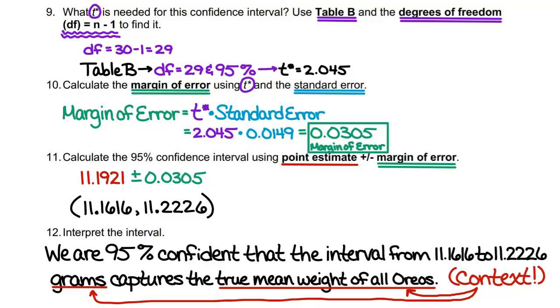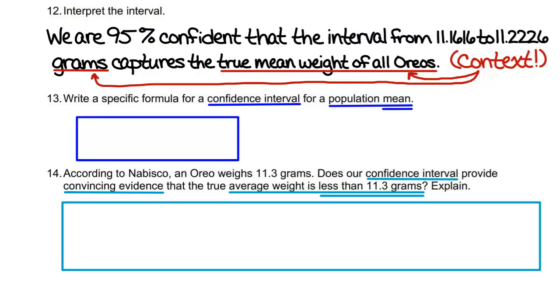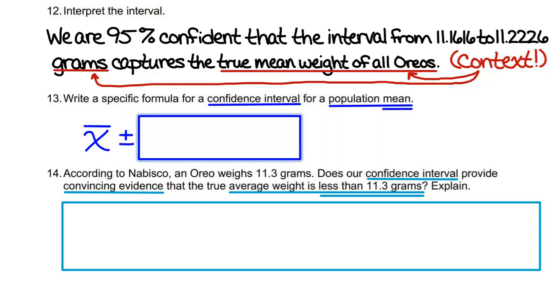I'm going to pop this up a little bit higher on the screen. We want to write a specific formula for the confidence interval for a population mean. So I know it's point estimate plus or minus margin of error. What are we using for the point estimate here? X bar. So we have X bar plus or minus. How do we calculate the margin of error here?